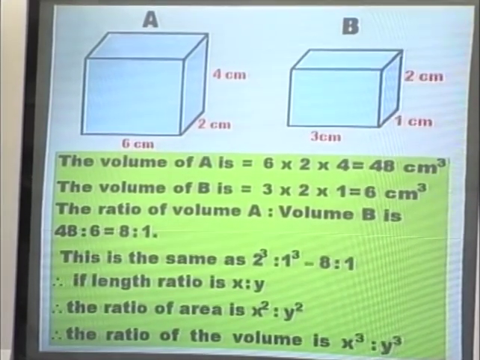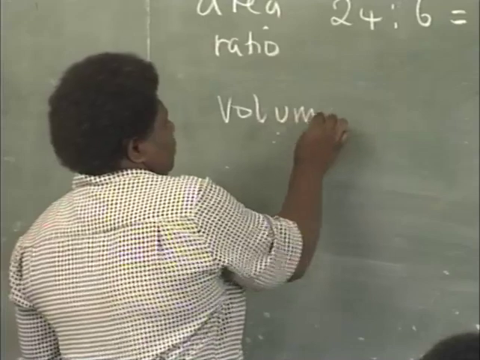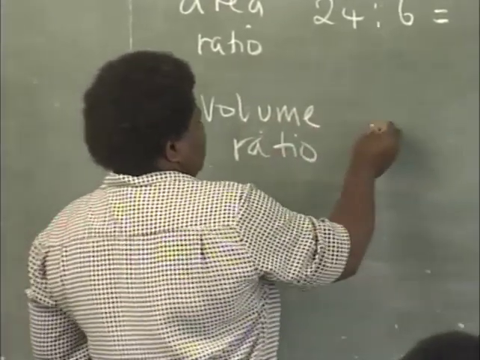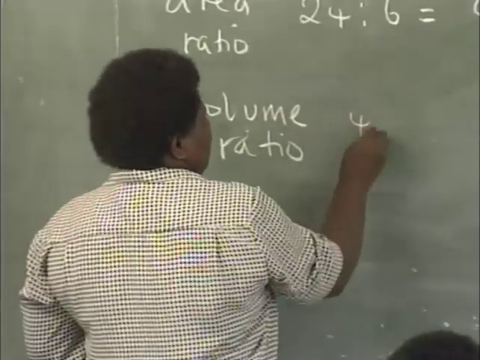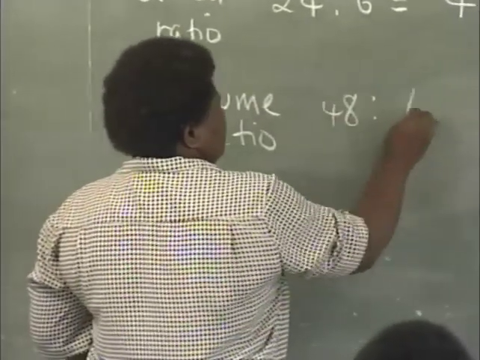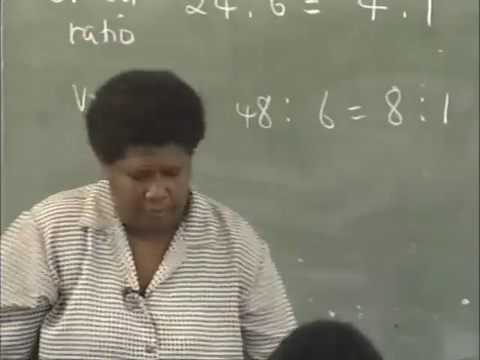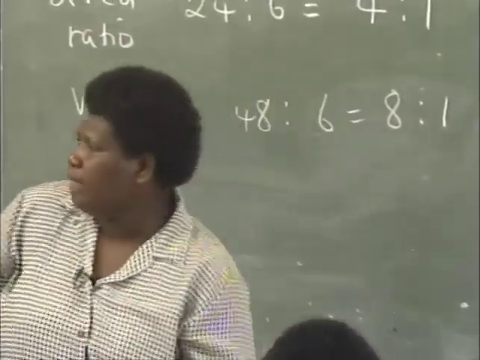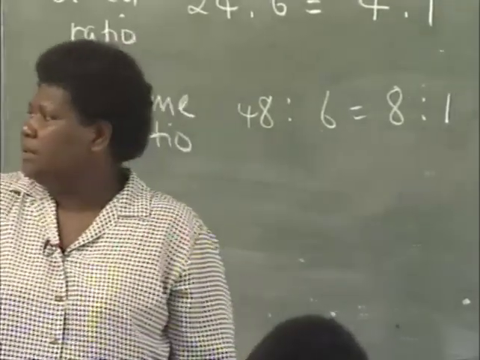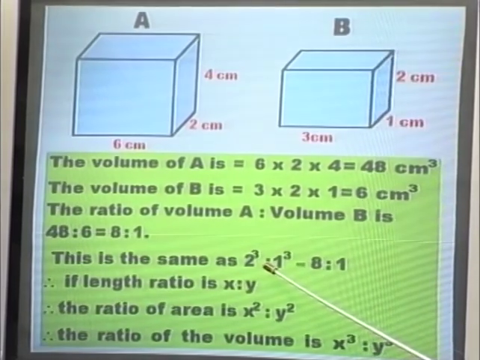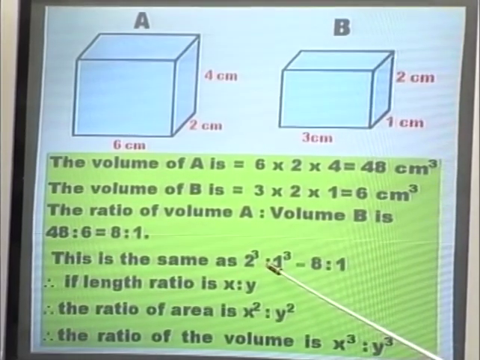Okay, so according to what's on the monitor, the volume ratio is, I think, 48 to 6, which is 8 is to 1. And 8 is to 1 is exactly the same as the cube of 2 is to 1, because 2 is to 1 is the ratio of the lengths.